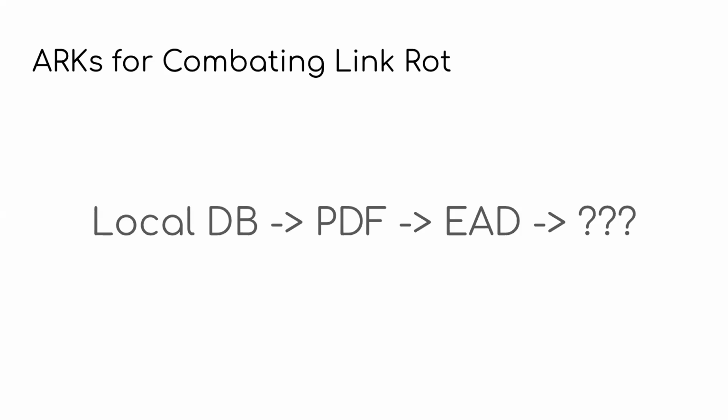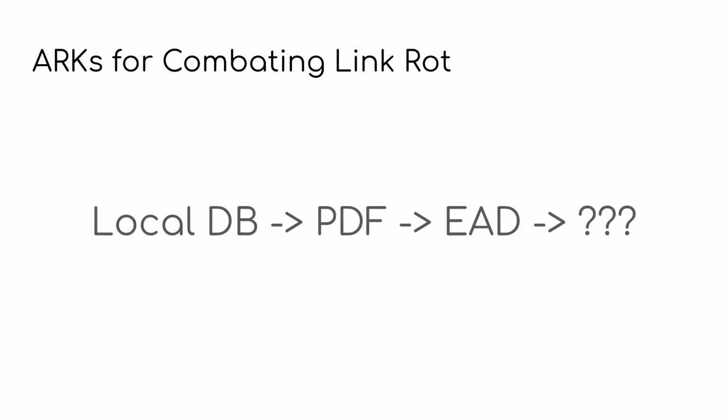But as we just mentioned, URLs are subject to link rot. The 44 days number that John just mentioned. What happens is, at least for finding aid systems, you might start with a local database of finding aids, or maybe some local EADs. But then you move systems, right? You change systems, they get better, the infrastructure adapts, and you might have a URL for your local database.